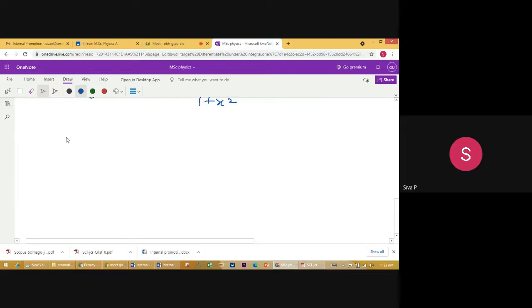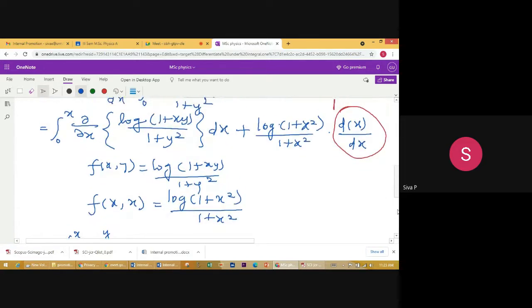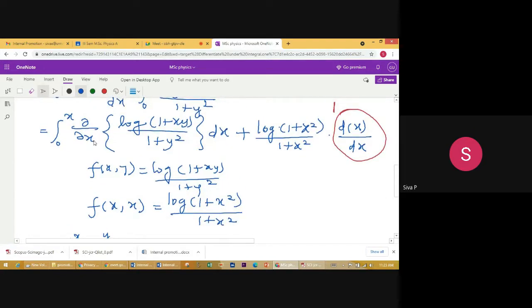What is the next step? Integral over 0 to x, y divided by... you are differentiating that. You are differentiating d by dx of log 1 plus xy by 1 plus y square.